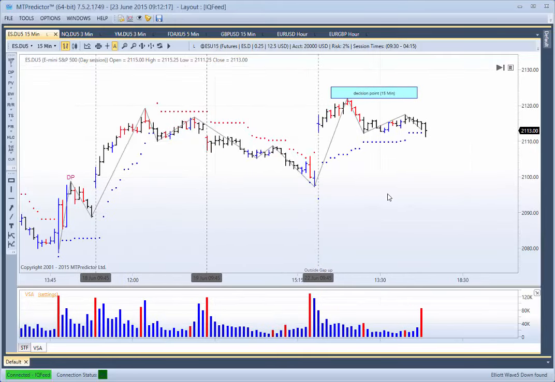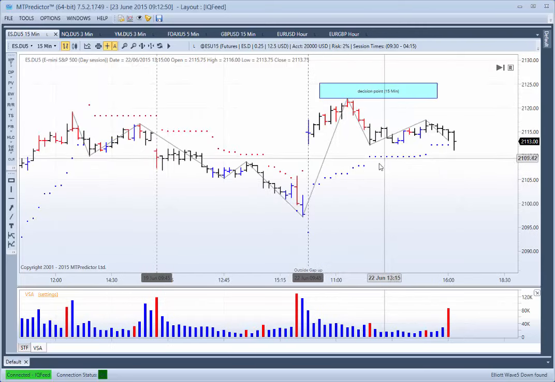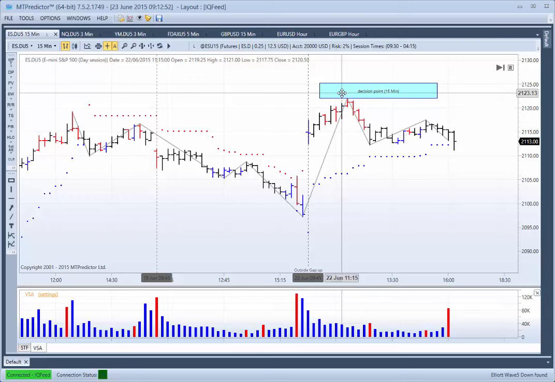We were actually looking at this live in yesterday's training webinar with MTPredictor customers, where we had that level on the chart itself, and the webinar finished basically at 11:30, which would have been about here, just as the market was going up to that level. When I was looking at it, I was saying that the market may well rally a little bit more. I was saying that this next area of resistance was an area of interest where the market was likely to reverse.